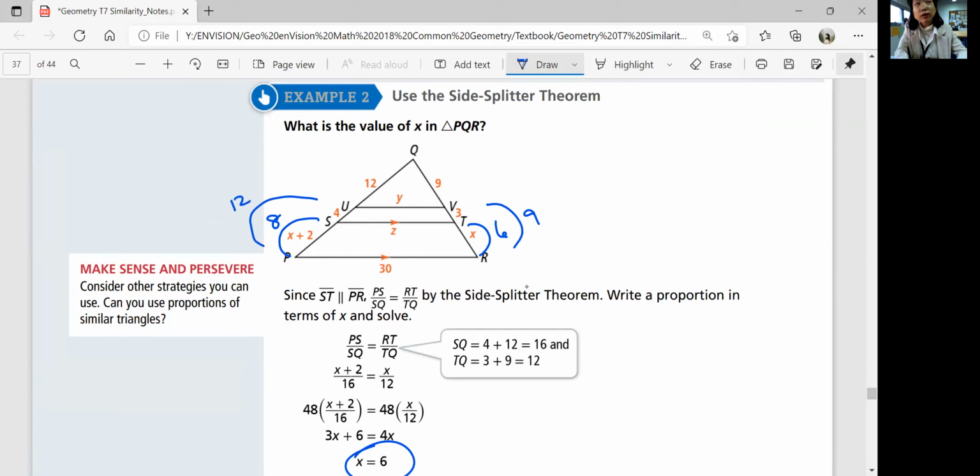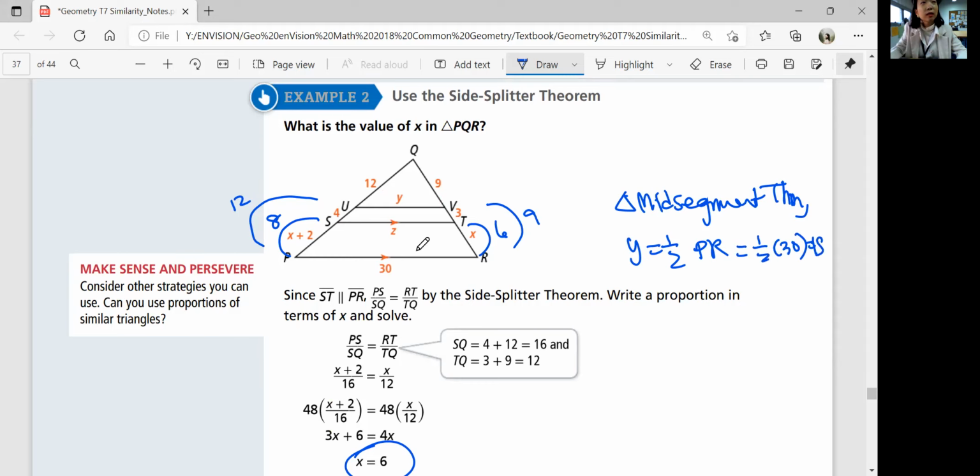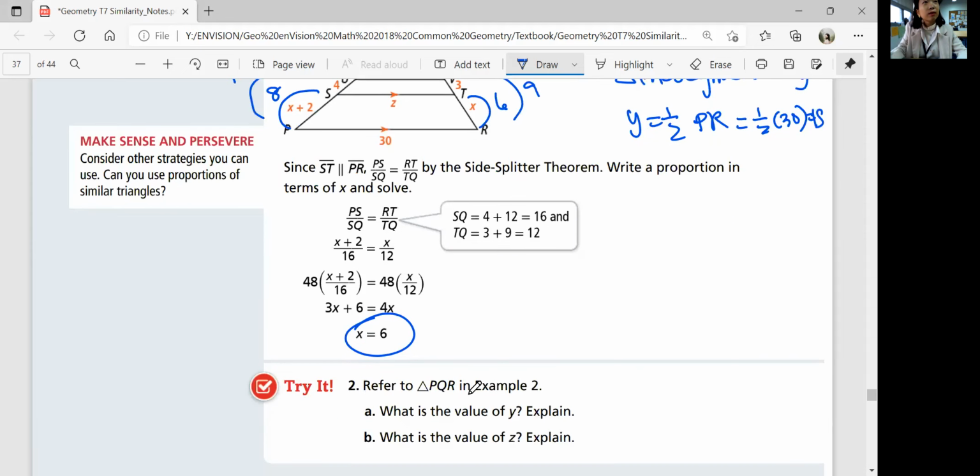So you know that UV also bisects QP and QR, right? So by the triangle mid-segment theorem, Y is equal to 1/2 PR. Okay, PR is 30, so 1/2 of 30 is equal to 15. So Y is 15.